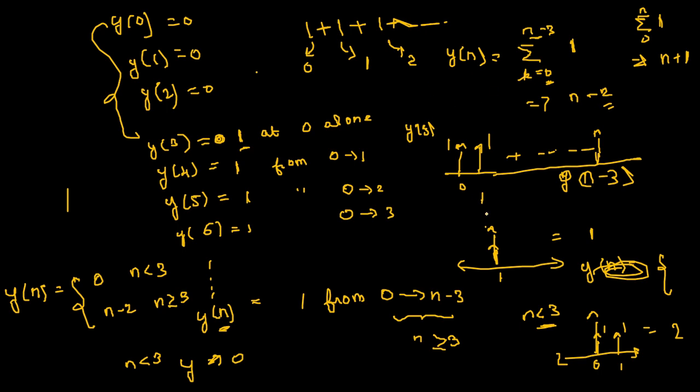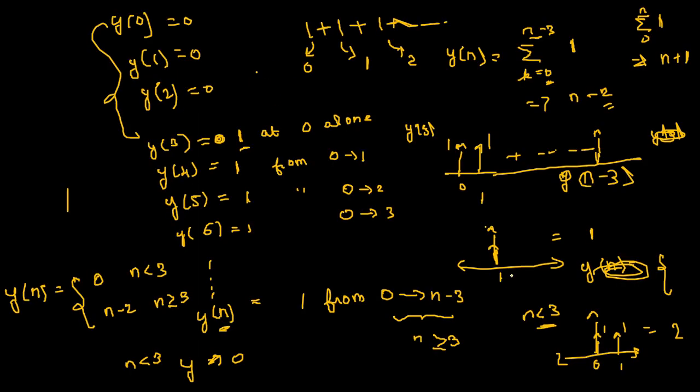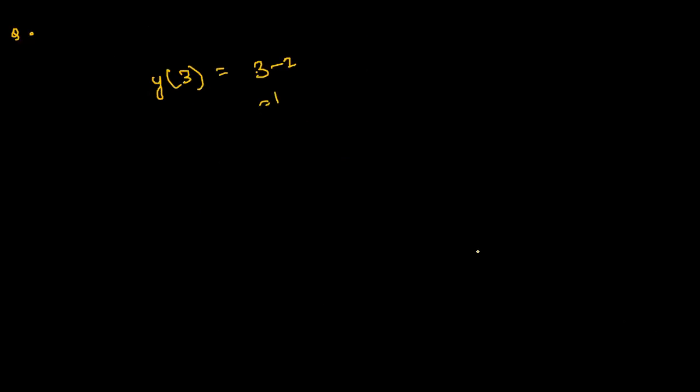If I have to find y of 3, the formula is n minus 2, which is 3 minus 2, and that is 1. Like you can see from the graph, we are getting 1. So this is the generalized expression without actually drawing each graph and then adding up the values.